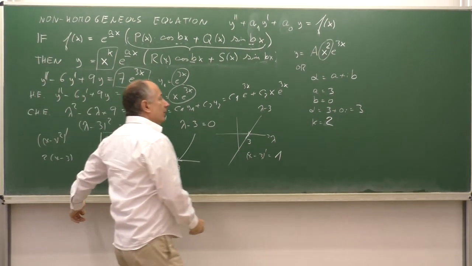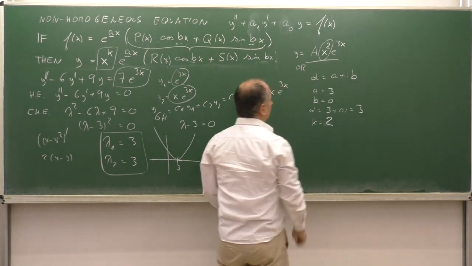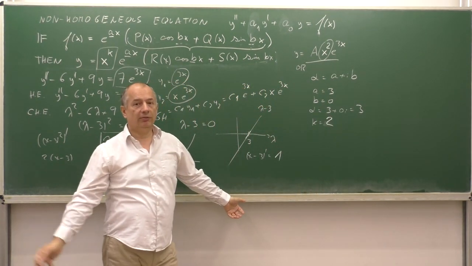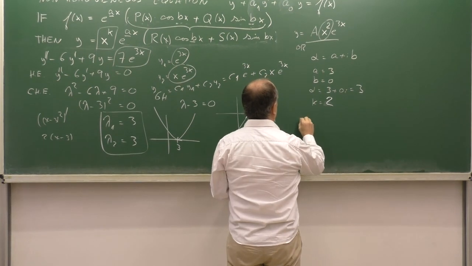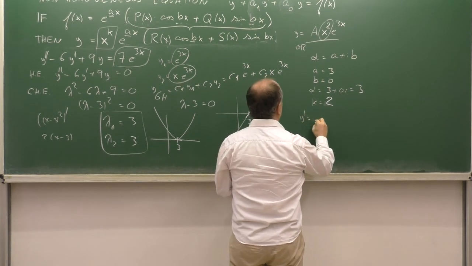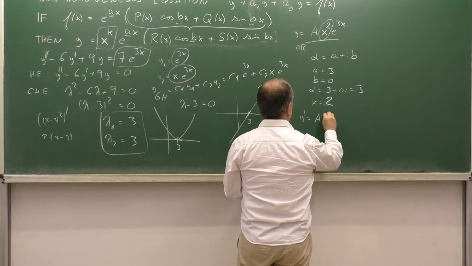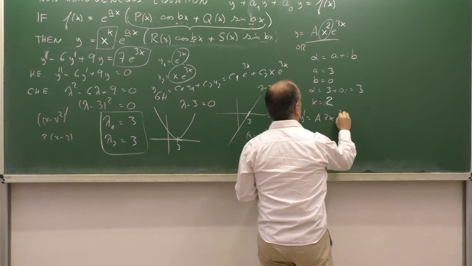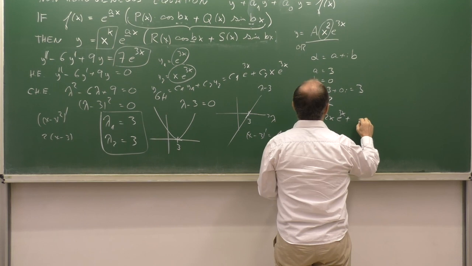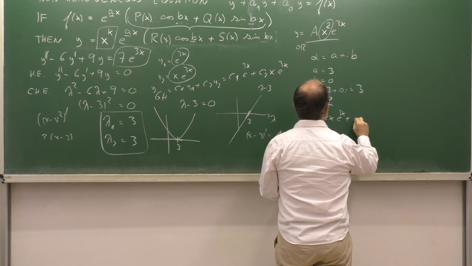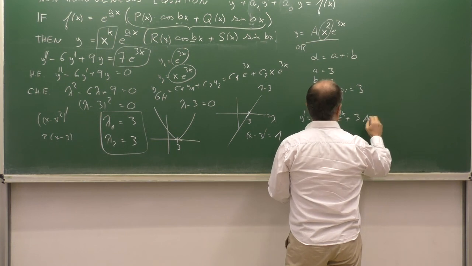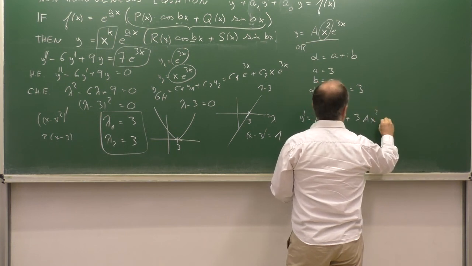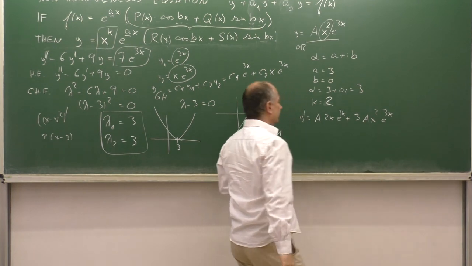Well, and if we know the form of the solution, we can find the value of the coefficient a. We prepare the first derivative, which will be the derivative of x squared, 2x, plus the derivative of e to 3x, which is 3 e to 3x, and a x squared is there.